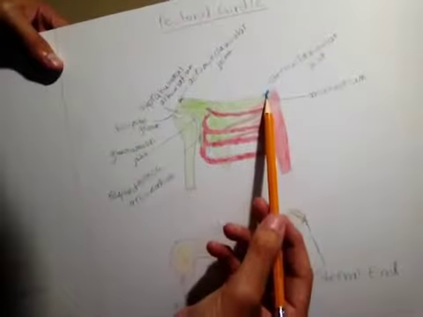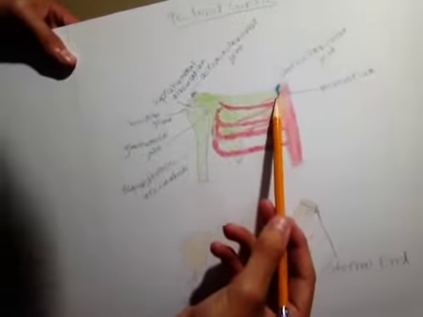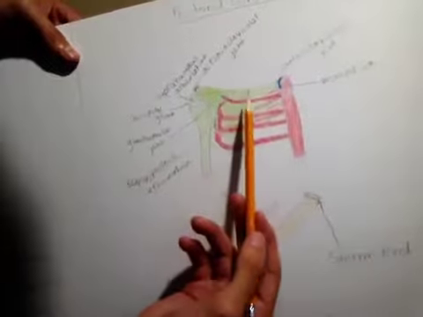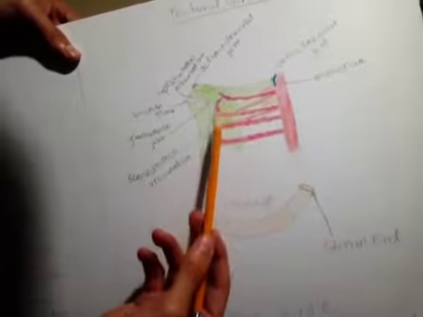So that's the articulation between the axial and the appendicular right there. That's one of them. Now we're gonna go to number 2.